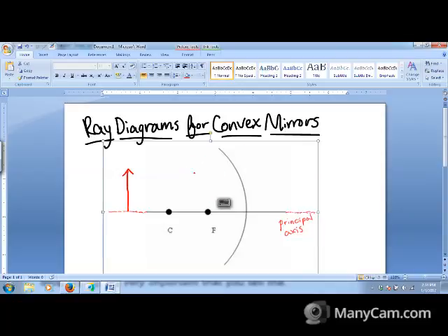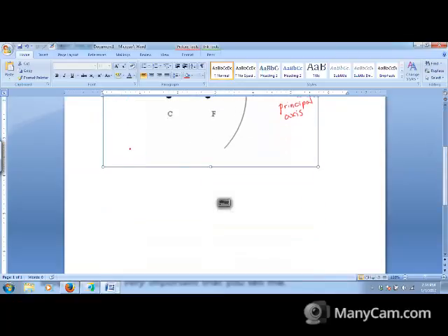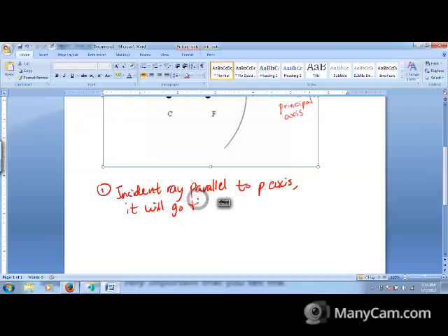So in order to draw a ray diagram, you only need 2 points, 2 rays, and we're going to use these laws or these rules. Rule number 1, if an incident ray is parallel to the principal axis, then it will go through the focus.